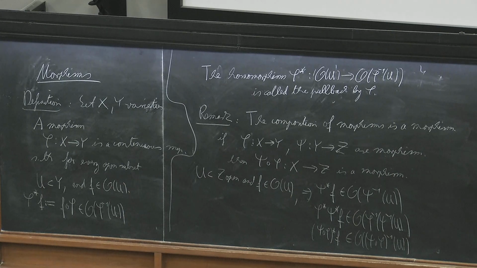Okay, so basically, trivially from the definition, the composition of morphisms is a morphism. And a morphism will be called an isomorphism if it has a two-sided inverse.